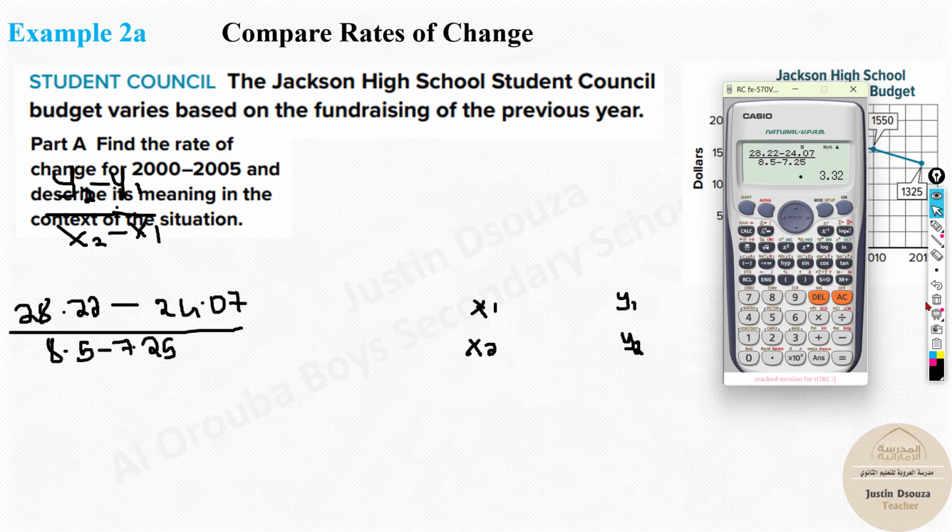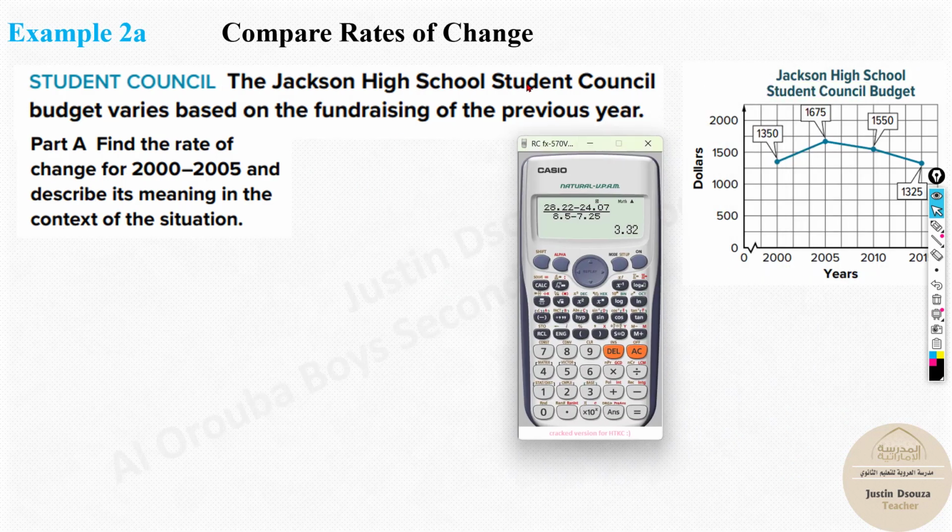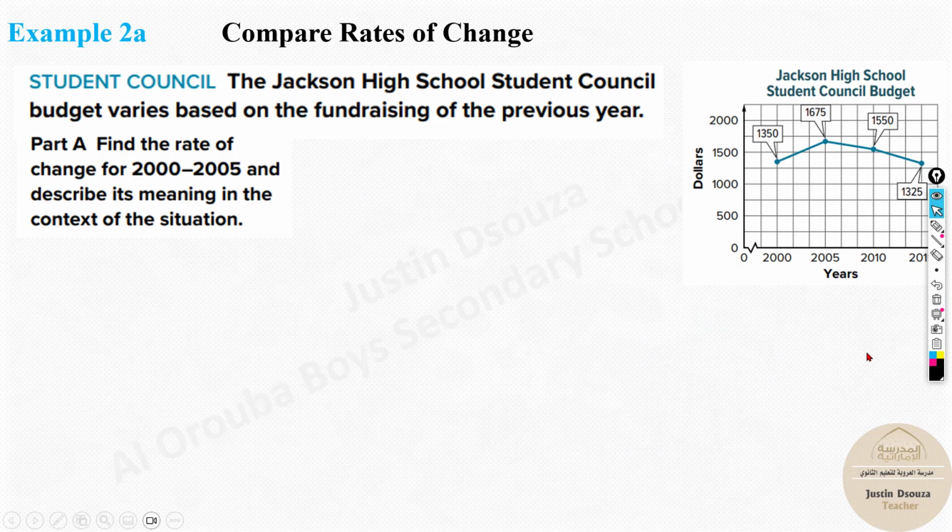Now over here there's a real world problem with the graph. This is the question over here. The Jackson High School Student Council budget varies based on fundraising of the previous year. Find the rate of change for 2000 to 2005 and describe its meaning in the context of the situation. Now they are telling you the student council budget varies over here. See, this is in dollars, money. In 2000 it was $1,350, whereas in 2005 it increased.